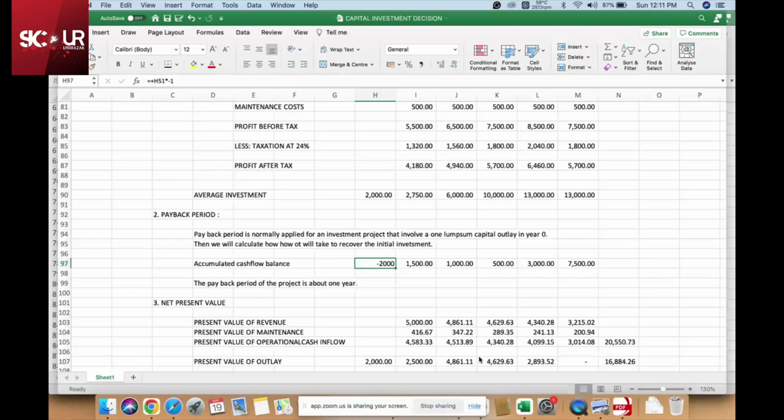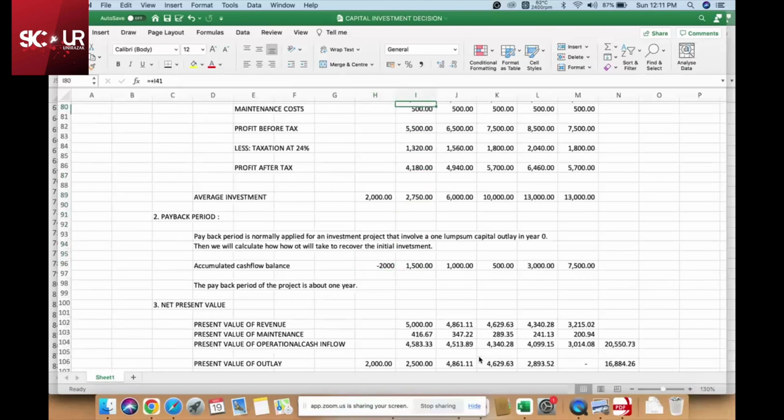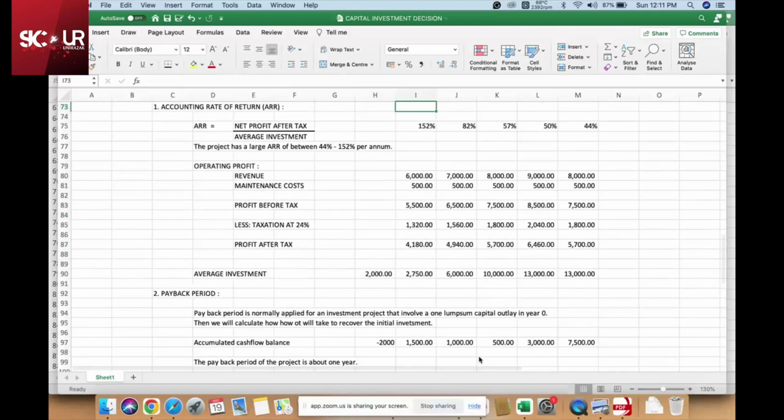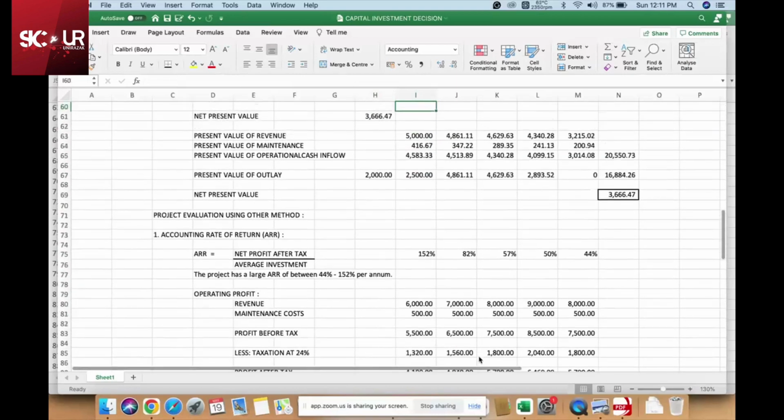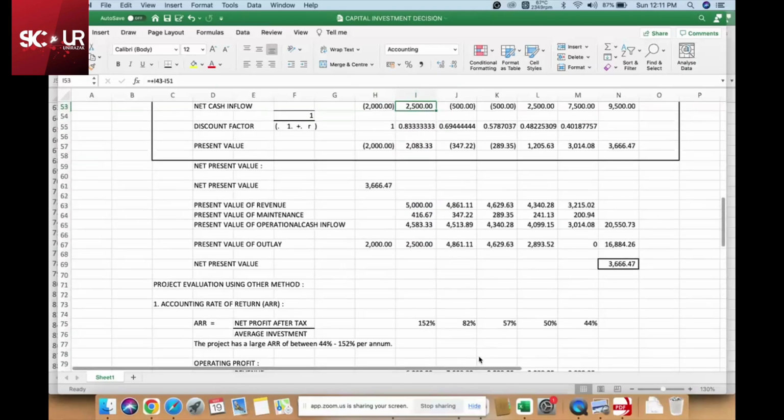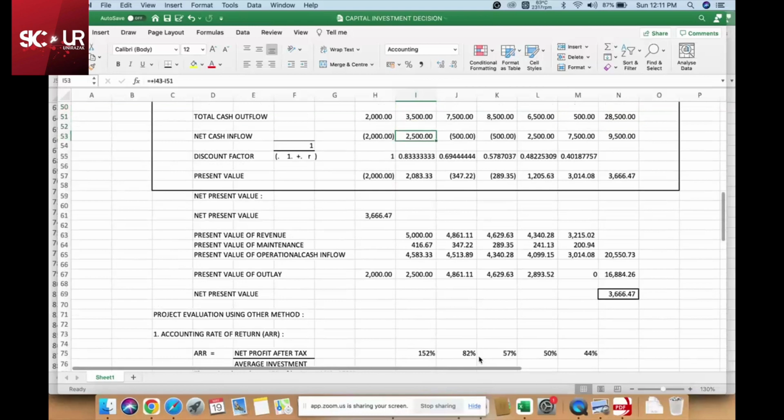For example, for year zero, of course, it's negative 2 million. But in year one, if we look at the net cash inflow, it is 2.5 million.